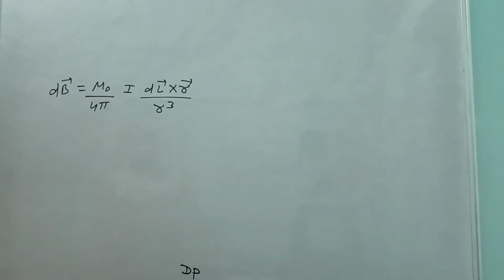This is the formula for magnetic field at a distance r for a small element dl carrying current I.